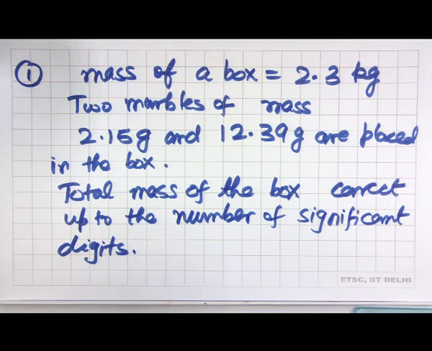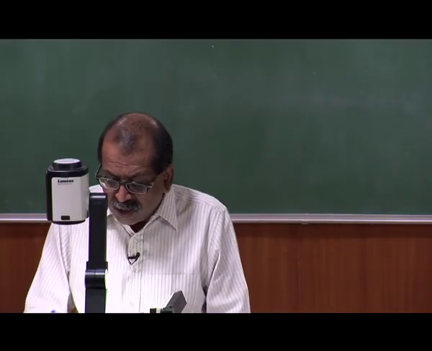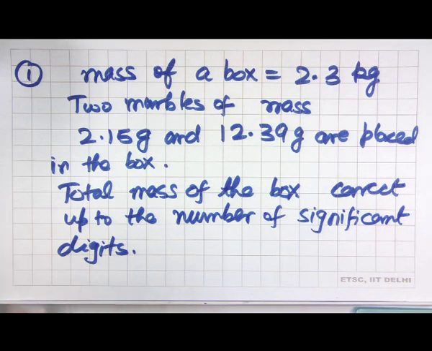In a problem like this, what we have to do is look at all the individual quantities and find the number of significant digits in each of these, and use the rules which we have seen.